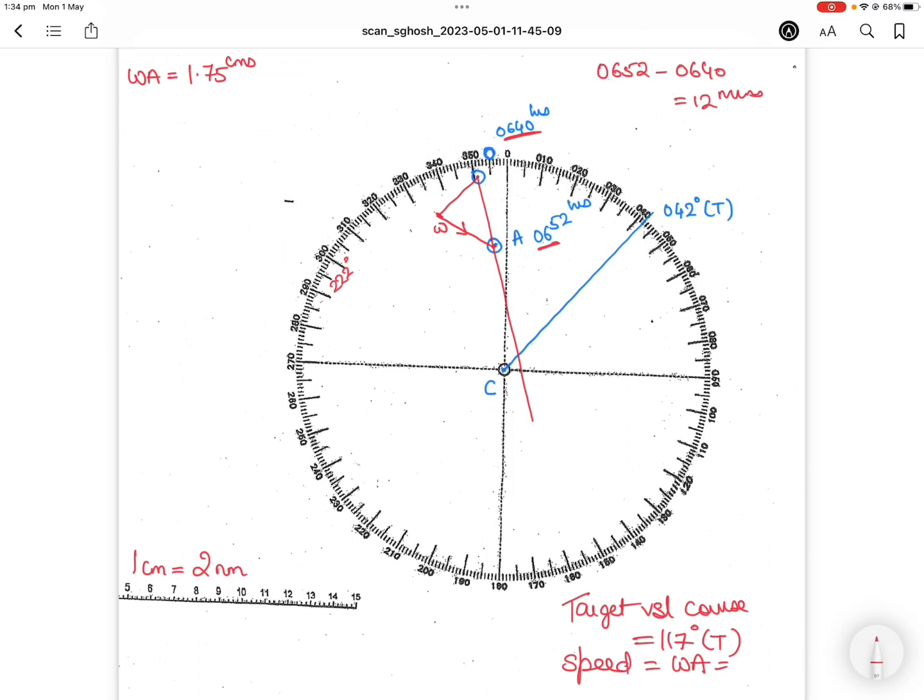But in my scale 1 centimeter denotes 2 nautical miles. So this equals 1.75 times 2, which is 3.5 nautical miles, right?